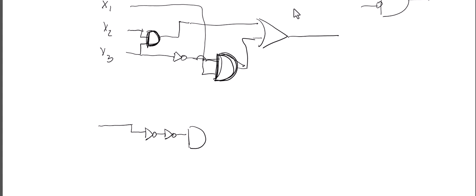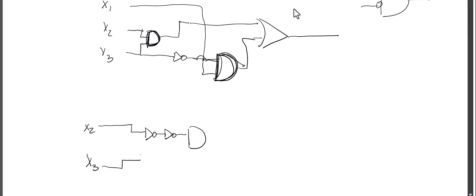So where I had x2 and x3, that's x2, this is x3, I can put two NOTs in there and they cancel each other out.